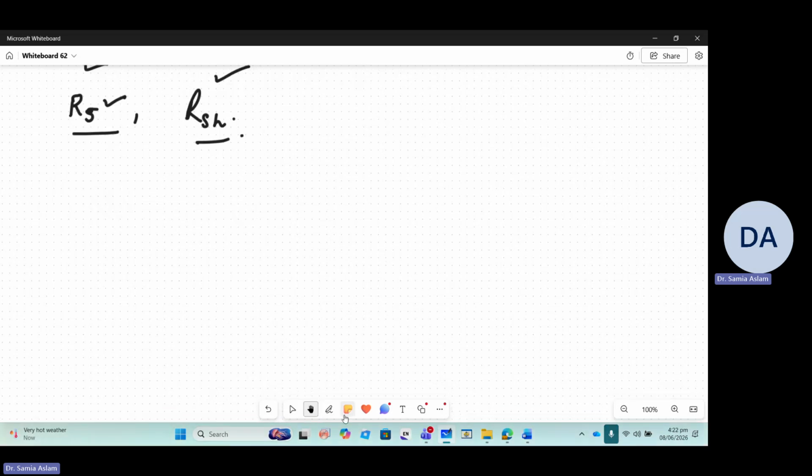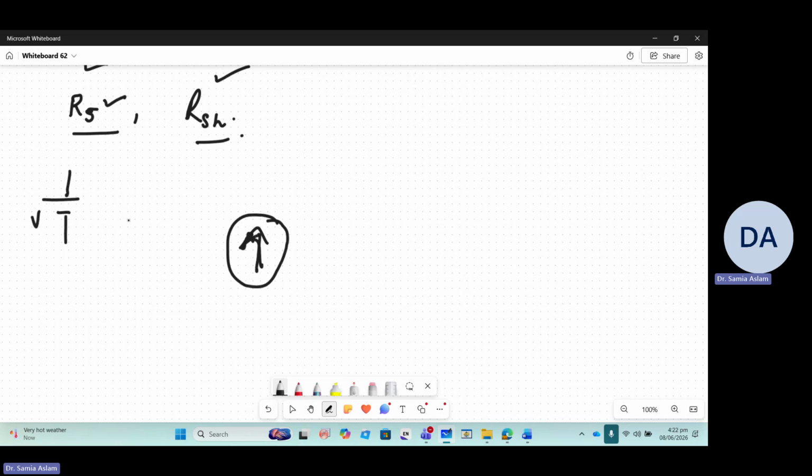Okay, so if we have a diode model to understand an equivalent circuit for the solar cell, we say that the solar cell is basically a current source. It is providing current to the external circuit, and this is the symbol of a current source, because this is the symbol of a voltage source, right? And here it is acting as a current source, meaning that it is converting photons into current, basically. And that current is known as the photonic current.